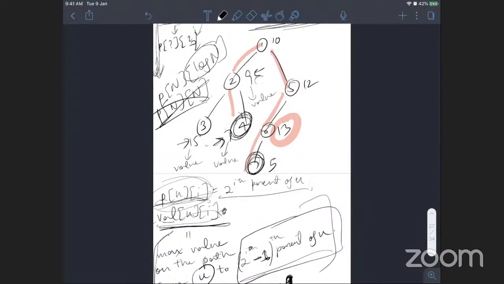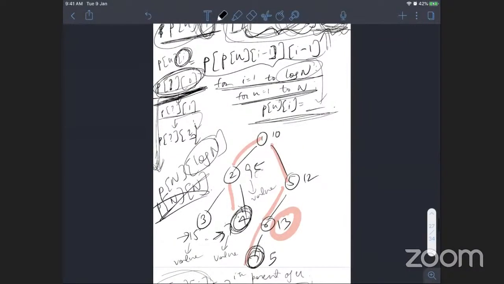I'm assuming a slightly different question now. I'm saying each node has a value associated with it also, for example in the Zor question that we were trying to do. And then the question becomes, from u to v, what's the maximum value that you see? So in this example, you have 4 and 7. What's the maximum value that you see?